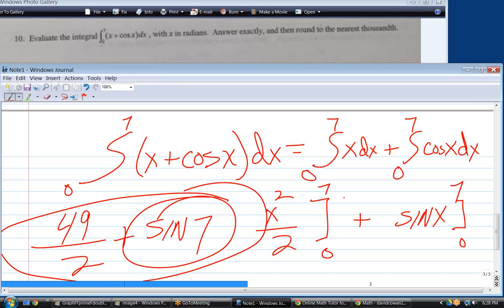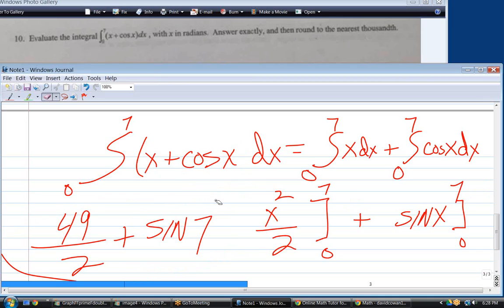In other words, if I have a plus c there and a plus c there, they get taken care of by evaluating it at 7 and 0. But you only have a plus c when you're dealing with an indefinite integral, not definite integrals. Okay?